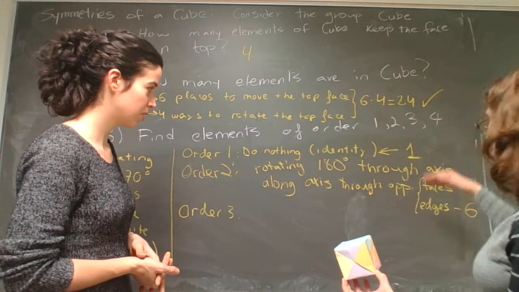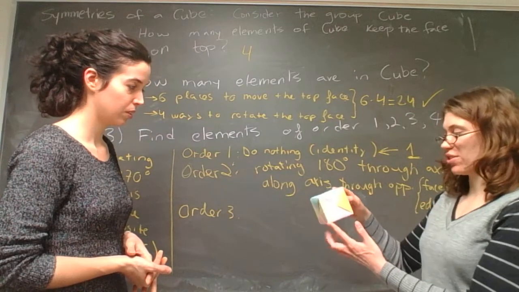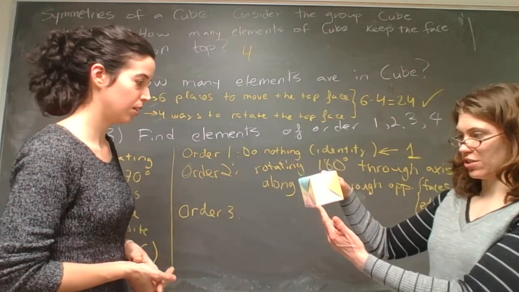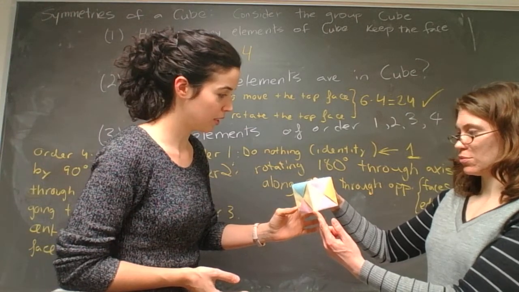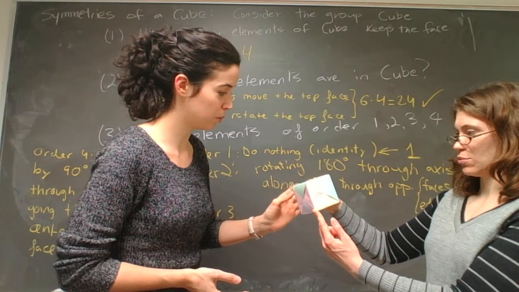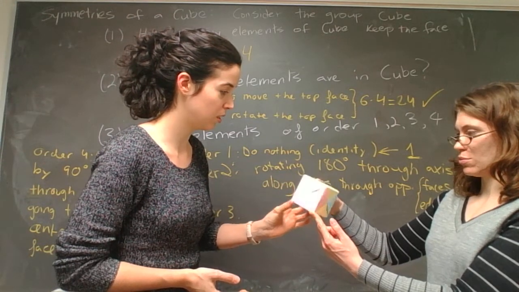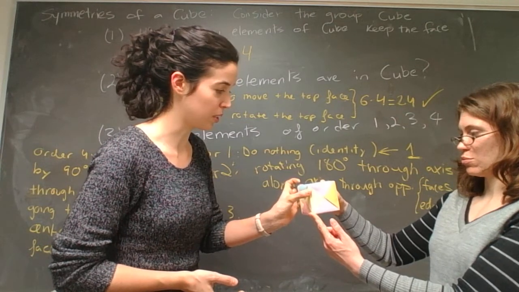We've always done an opposite face or an opposite edge, so let's look at opposite vertices. So here this means like this. Let me try to rotate. This brings the cube so that 1, 2, and 3 are back in the starting position.